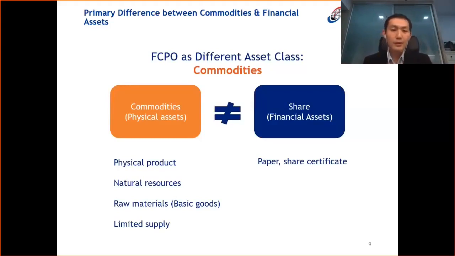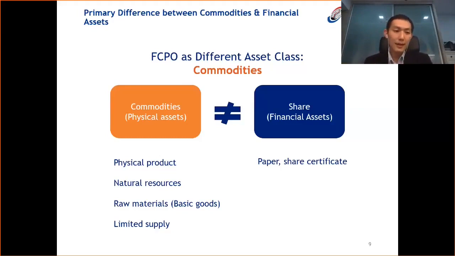Now, the key point that I want to highlight about why this slide is very important is that you cannot treat FCPO just like FKLI, because they are entirely different. Why different? Well, if you treat FCPO just like shares in the stock market, then when you analyze the demand and supply factors, the fundamental factors, your direction of analysis may be incorrect, because FCPO is considered a commodity asset class, while FKLI and stocks are considered financial or equity asset class.